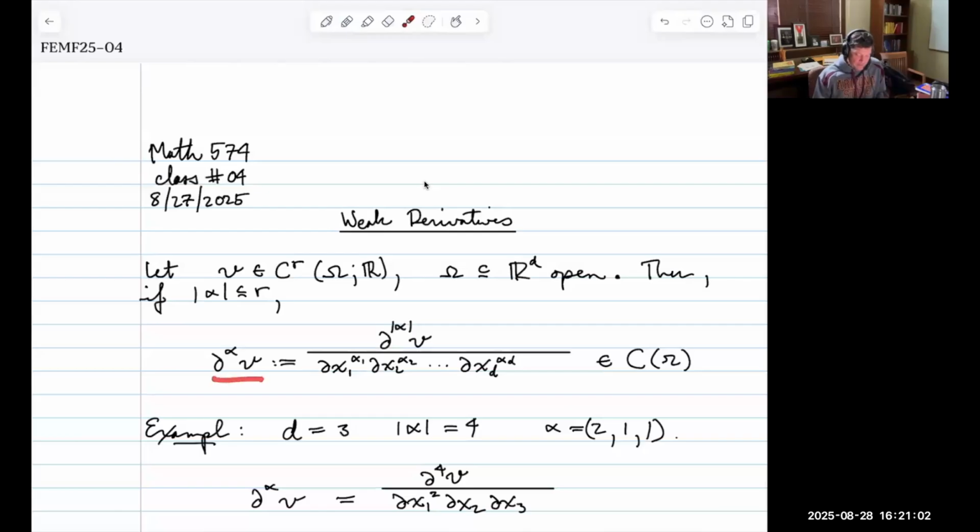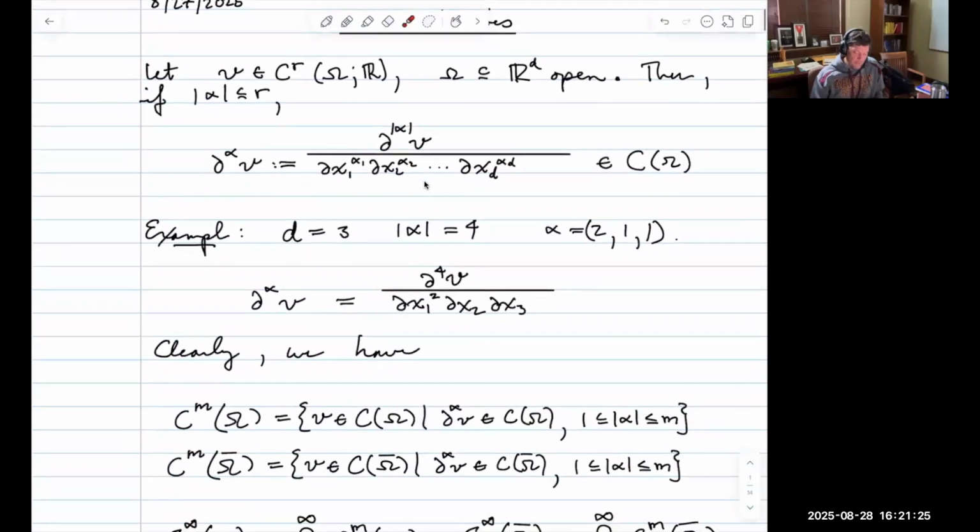The partial derivative of, we sometimes call this the alpha partial derivative of v, can be written as partial order alpha. So this is the total order that I'm going to be using of v. And then I can tell you the specific type of partial derivative I'm looking at using the multi-index notation.